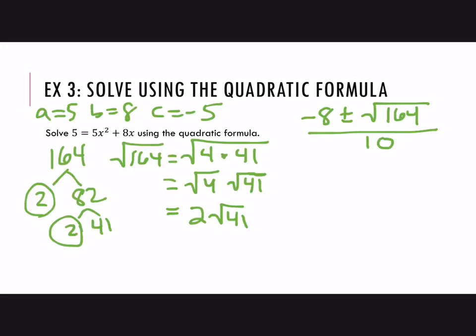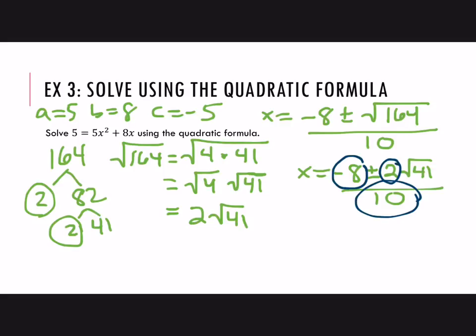Okay, so back to my quadratic equation. Now I can write this as negative 8 plus or minus 2 square root 41 all divided by 10. All right, and we're almost done. The last thing to check, this is not considered fully simplified because there is something that can be divided evenly into negative 8, 2, and 10.